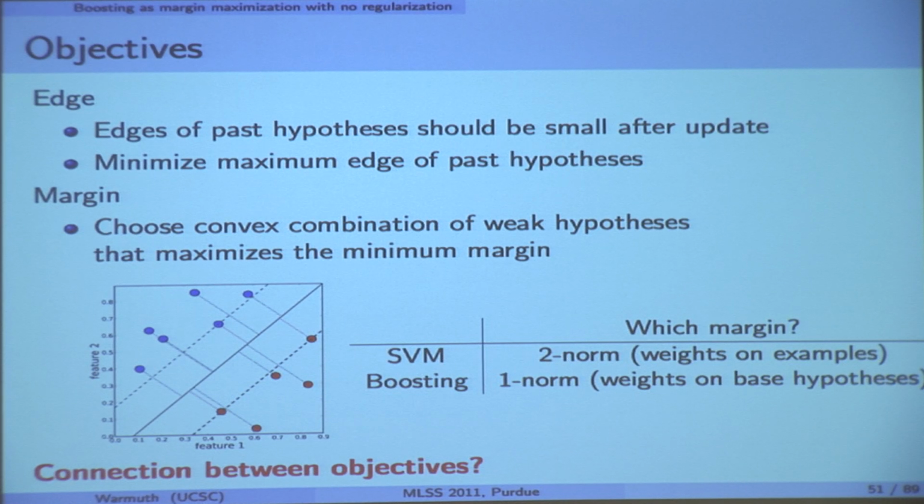I'm plotting you the geometric picture, alluding to the fact that margin has something to do with the distance to the hyperplane, but it doesn't. In SVMs, it does. But this is sort of a one-norm margin, because all the things are with respect to the probability simplex, and the weights are normalized to 1. So I cannot even draw for you the one-norm margin. But it is defined this way.